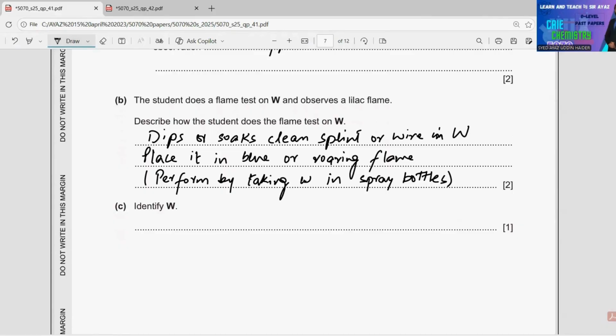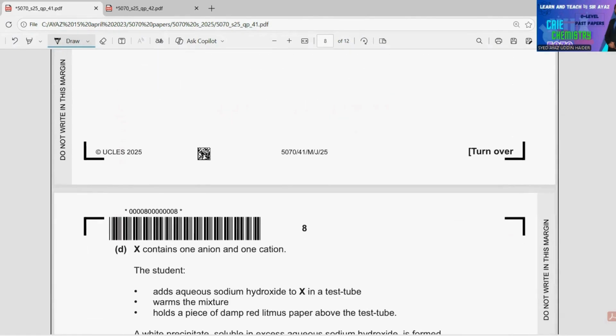A lilac flame is for the potassium ion. So the salt must be potassium iodide, or KI. They are asking for the identity: KI, or potassium iodide. Move to the next part.